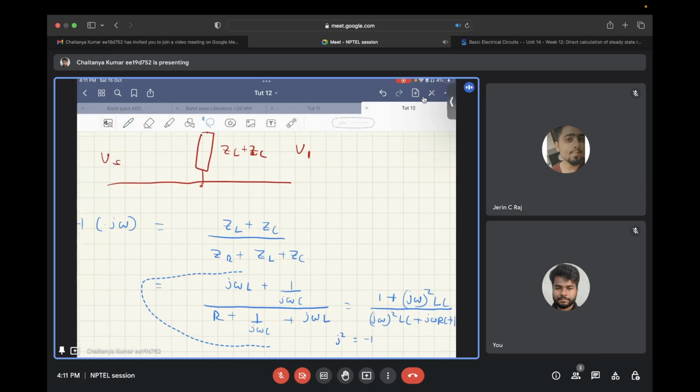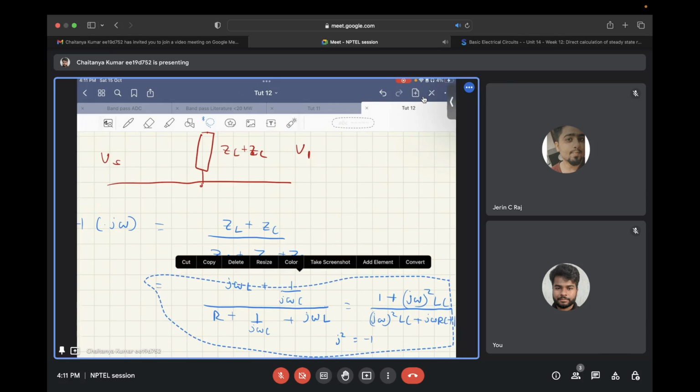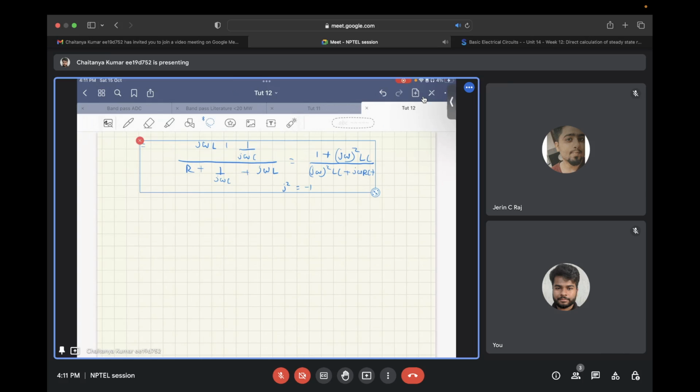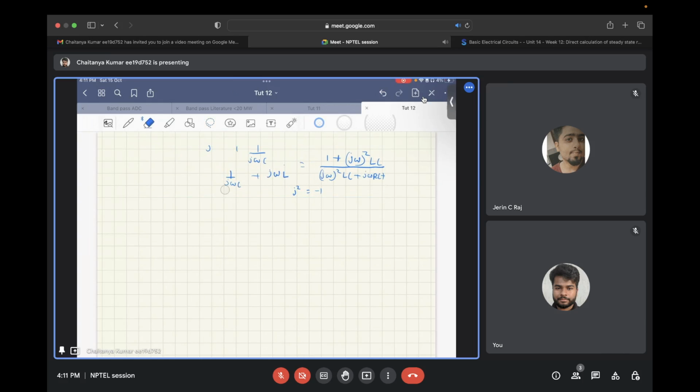Let's take this to the fresh page. So what we have over here is 1 minus omega square LC divided by minus omega squared LC plus j omega RC plus 1.